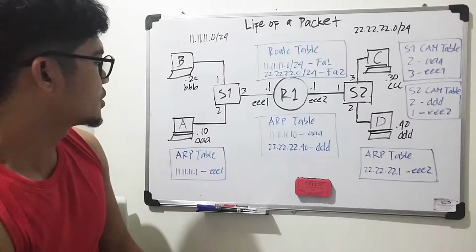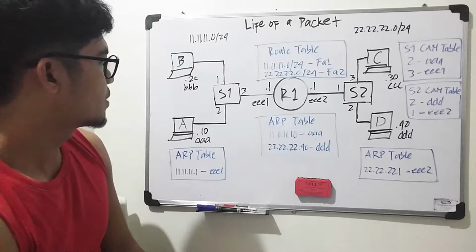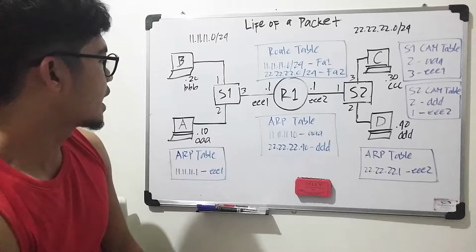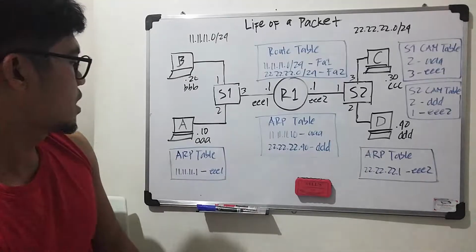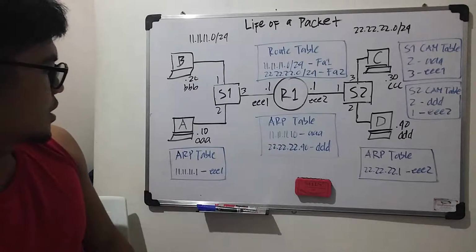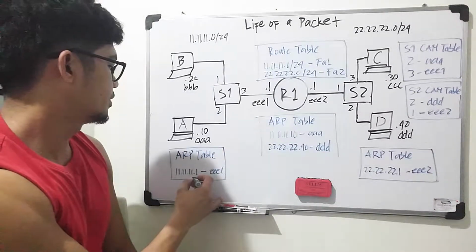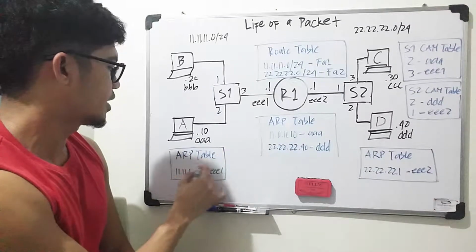Host A is going to receive the response, and it's going to update its ARP table. So it's going to have this ARP table entry here.